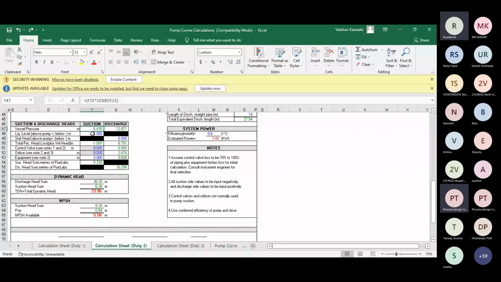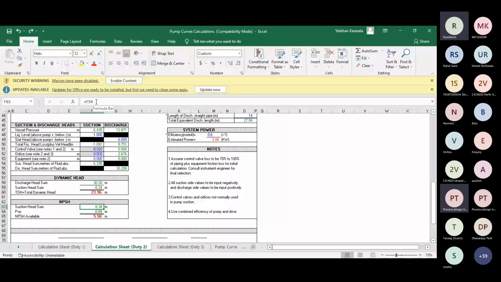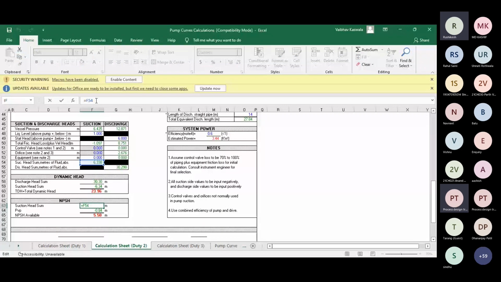So it will contribute towards the NPSH. The only losses are frictional losses and losses because of the vapor pressure, right? So 6.34 is the summation of the suction tank pressure and the liquid level, that is the static head in the suction tank, minus the frictional losses, right? If we subtract the vapor pressure from this, then we'll get the NPSH.